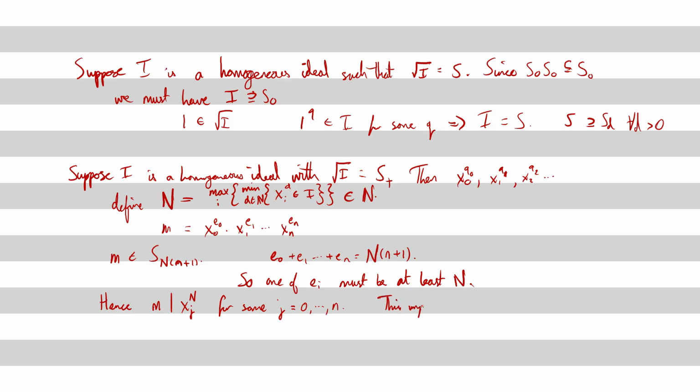This implies that m is within I because x0 to the N, x1 to the N, x2 dot dot dot to the N, xn to the capital N are all in I, and I is an ideal.